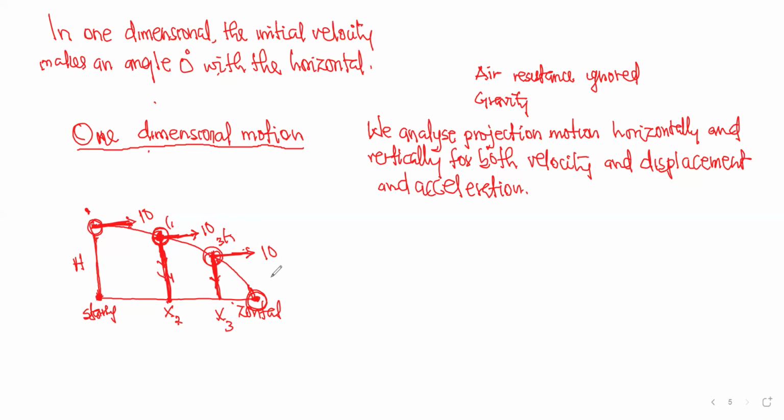It is because air resistance and gravity are ignored. Air resistance and the force of gravity do not come into play when you are analyzing the motion of the projectile horizontally. That is why the velocity horizontally will be constant.